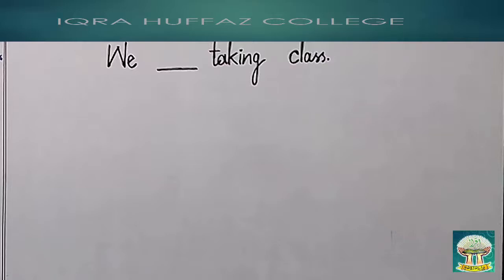Now look at the board again. I have used an auxiliary verb in the blank. Now the sentence is, we are taking class. Can you tell me whether it is present tense, past tense, or future tense? Sorry, speak loudly.